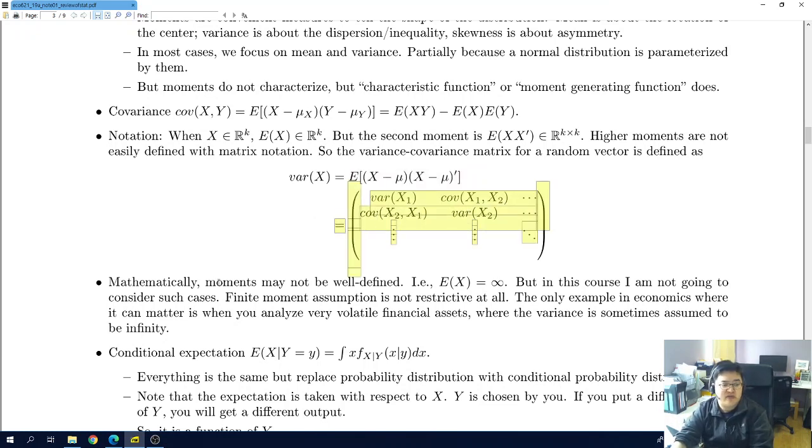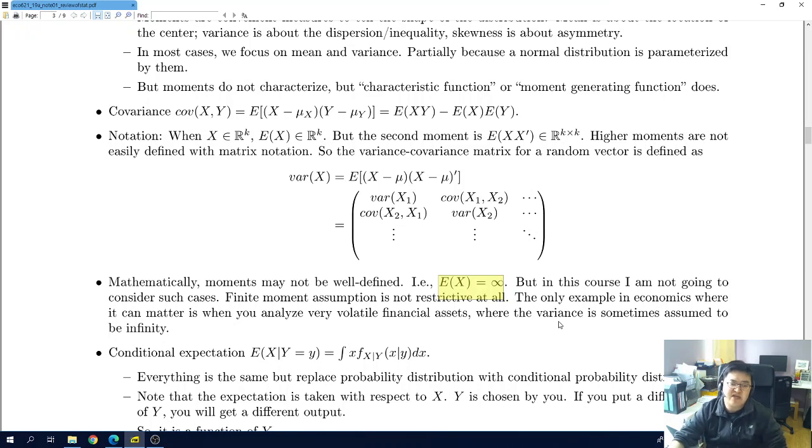And as I said before, moments may not be well defined. For example, they can be infinity. But I'm not going to consider these kinds of cases. I may state the assumption, like we often assume that the second moment is finite, which means the second moment is well defined. But in most cases, I'm going to just assume moments are finite because these things are pretty rare. It's very uncommon and not a big problem in our analysis.